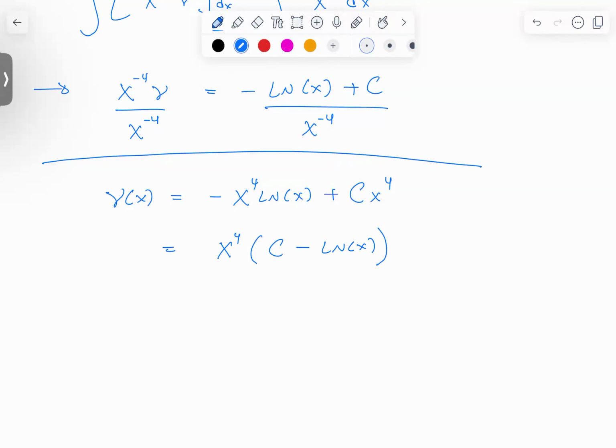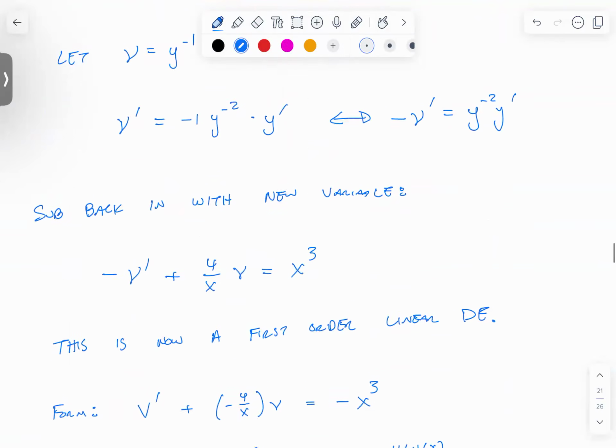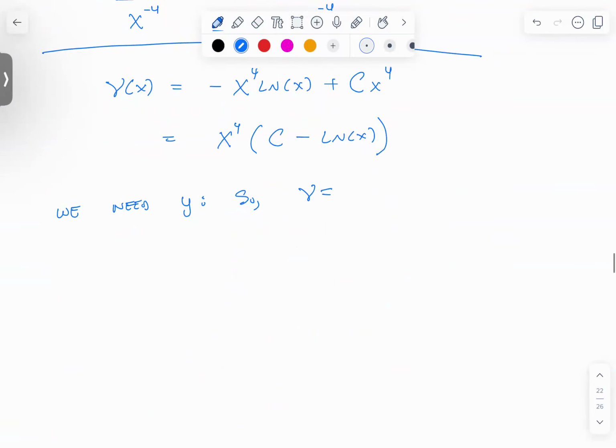So, these are correct. And then the last and important step. We need y. You just plug this back into our v equaled 1/y, y to the -1.